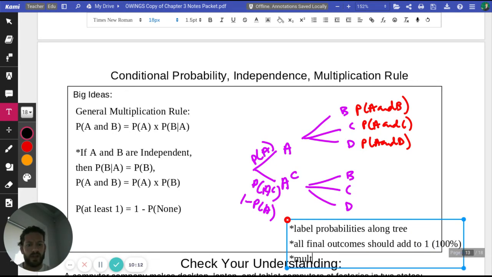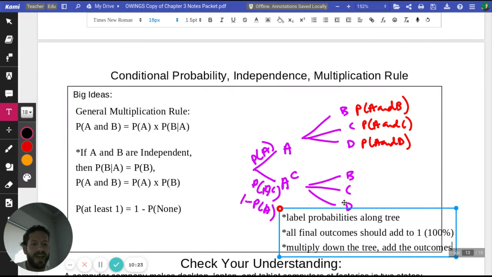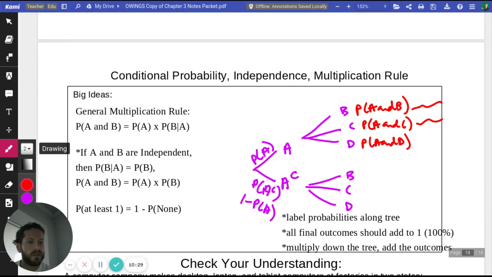We want to multiply down the tree and add the outcomes. So for example, we should be able to add all of these up, whatever this is, whatever this is, plus all of these, and it should equal 1.